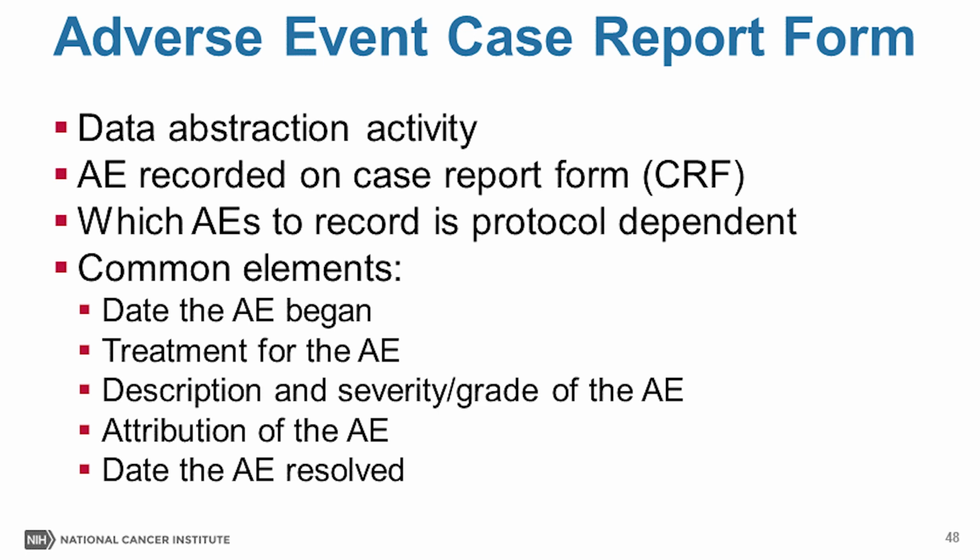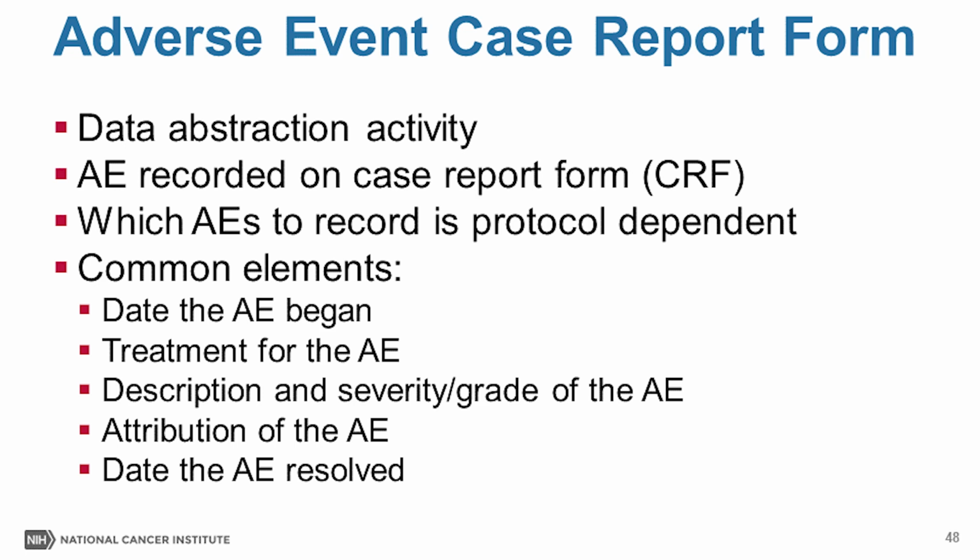Though adverse event case report forms can vary from institution or sponsor, most forms contain similar information. They contain the adverse event term, the date of the adverse event, the severity, the treatment, the attribution, and when the adverse event resolves, or when the grade of the adverse event ends and a new grade begins.